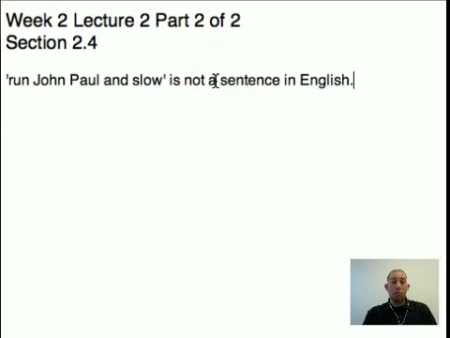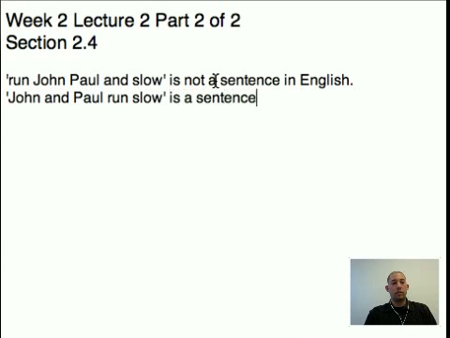Notice again that I put the quote marks around it, because I'm not using those words, I'm just mentioning them. But if I say John and Paul run slow, that is a sentence in English.